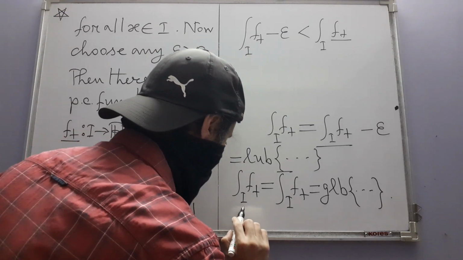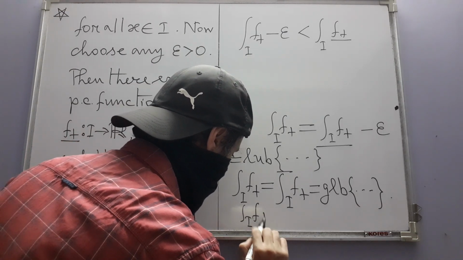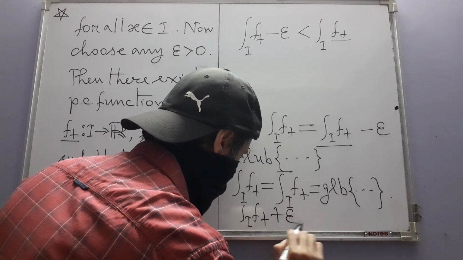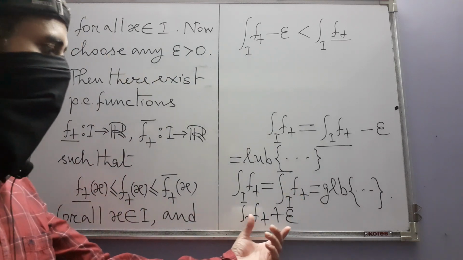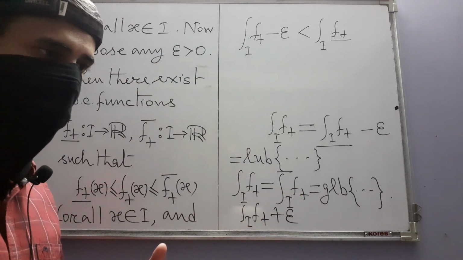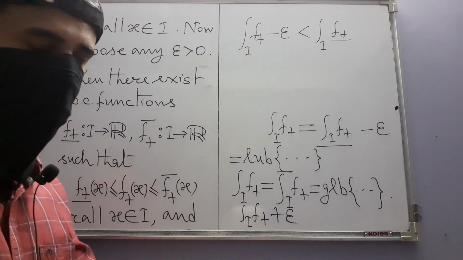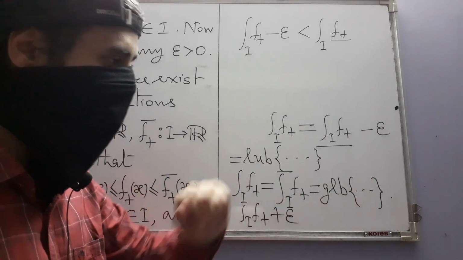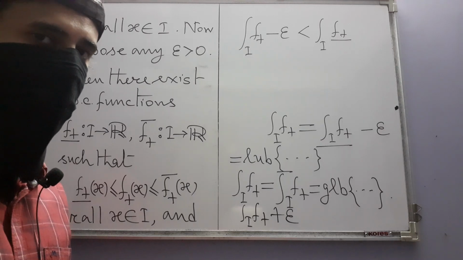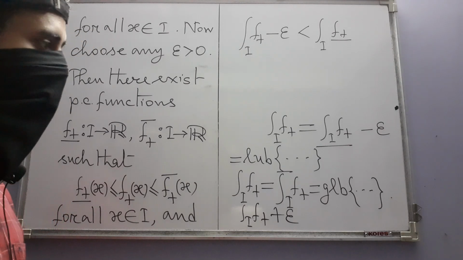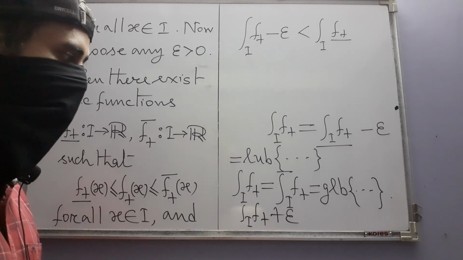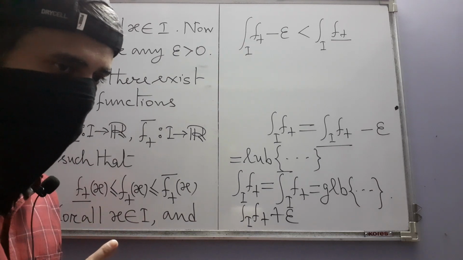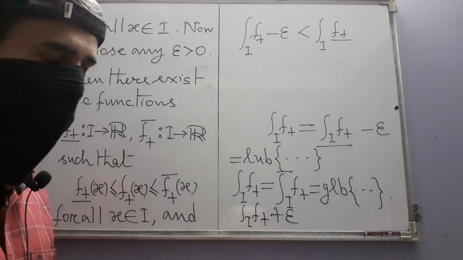Now, if you add epsilon to this greatest lower bound, then it becomes even greater. So it can no longer be a lower bound of this set of integrals of majorizing piecewise constant functions. Can no longer be a lower bound, which means what?